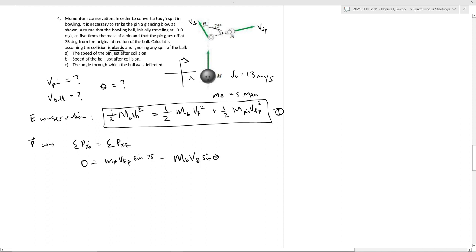And those sum to 0 because the initial momentum was 0. And this would be our second equation.